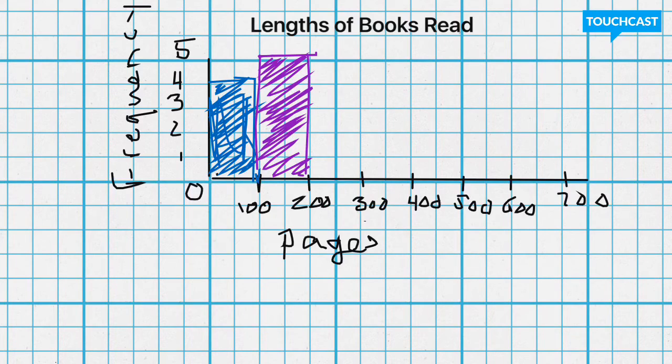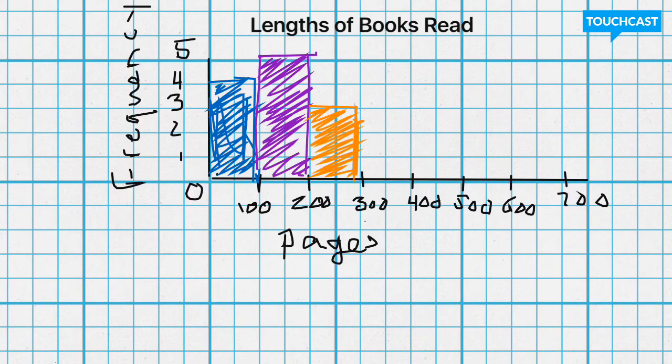We also had the range 200 to 299, which we had 3 classmates read a book that long. So we will draw a line over from 200 at 3 to 299. We'll draw a line down, and we'll color that in.